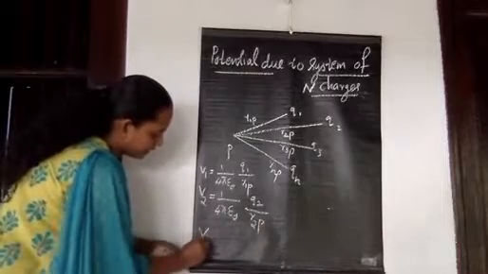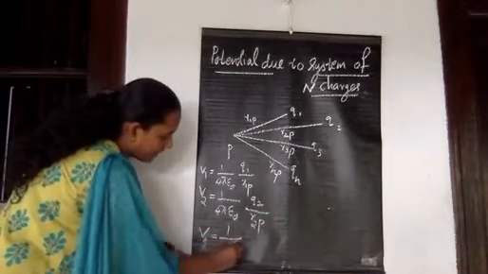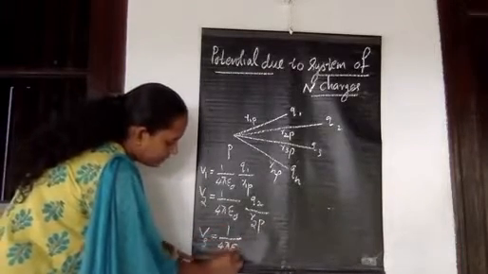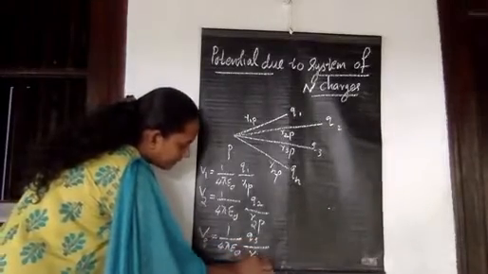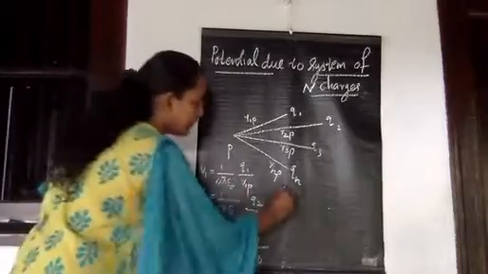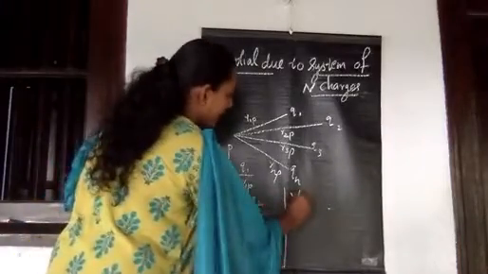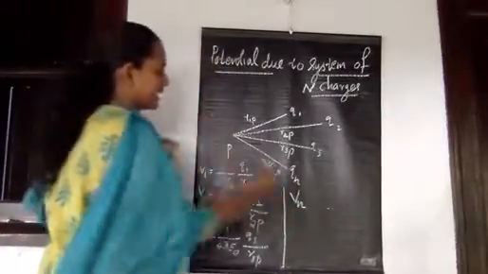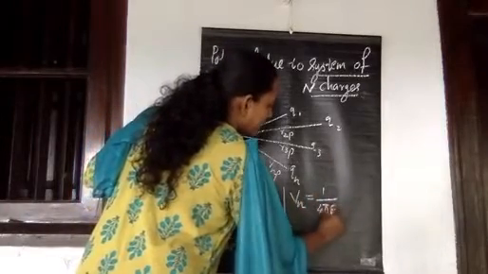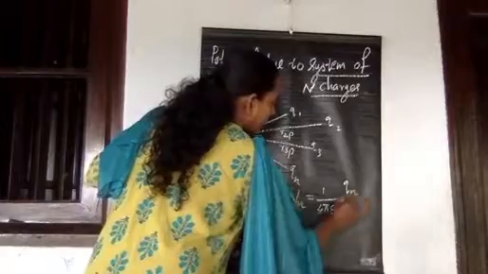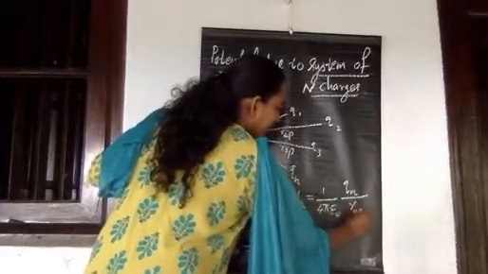Similarly, V3 is 1 by 4 pi epsilon 0 Q3 divided by R3P. Similarly, for a system of n charges, Vn is 1 by 4 pi epsilon 0 Qn divided by RnP.